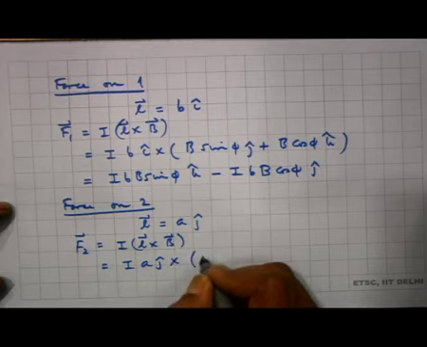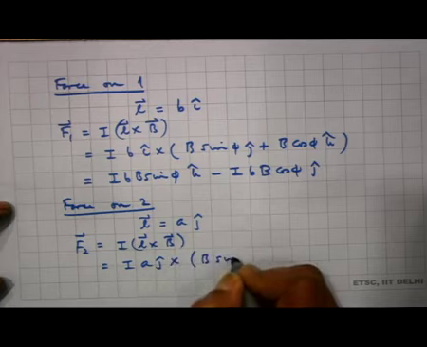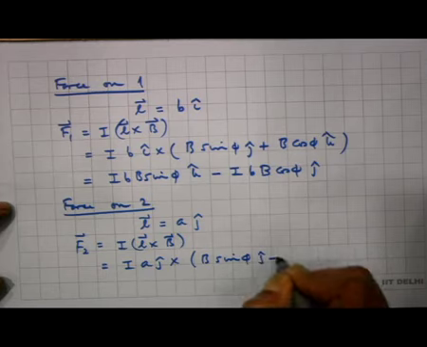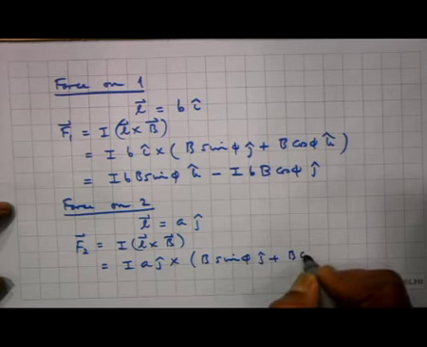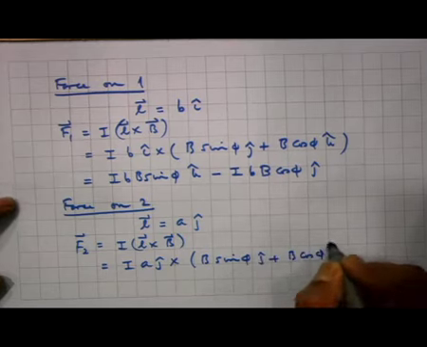So, F 2 is again I L cross B, which is equal to I A j cap cross B sin phi j cap plus B cos phi k cap.